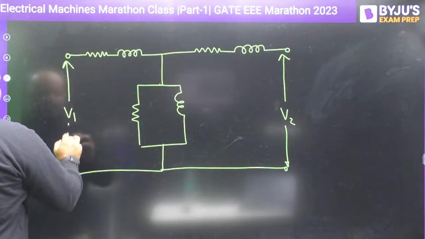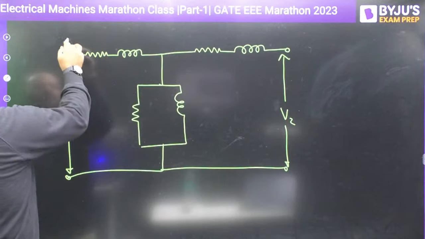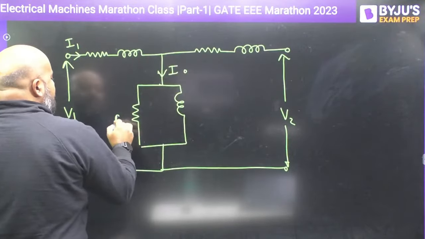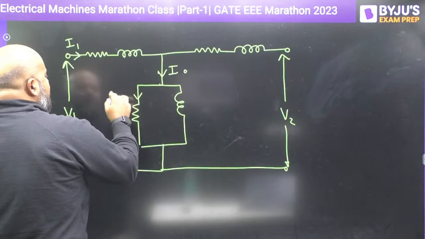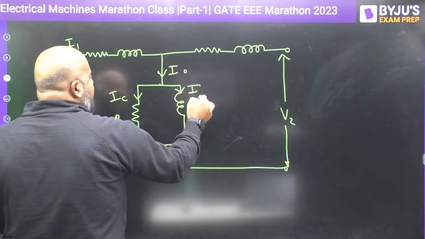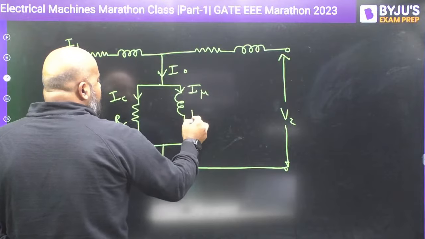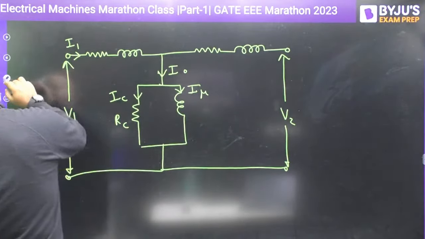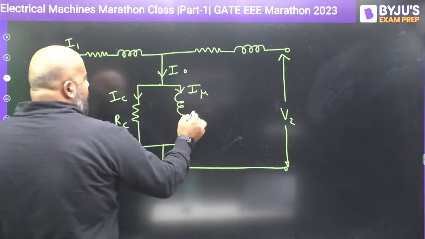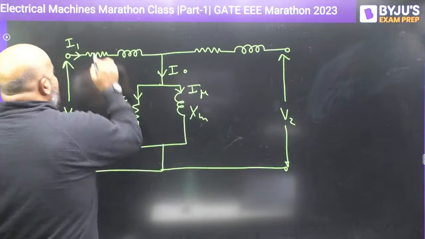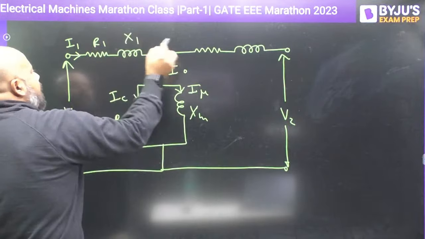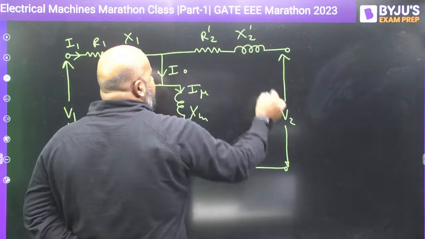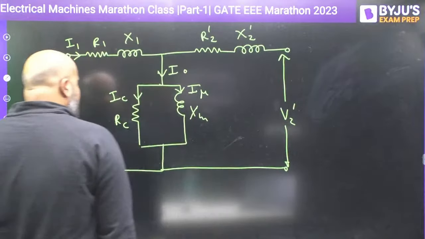This is V1. This is primary current I1. This is the no load current I0. This is RC, core loss component IC, magnetizing component I mu. This is XM. This is R1. This is X1. This is R2 dash, and this is X2 dash, and this is V2 dash.